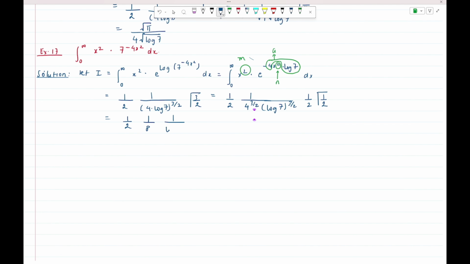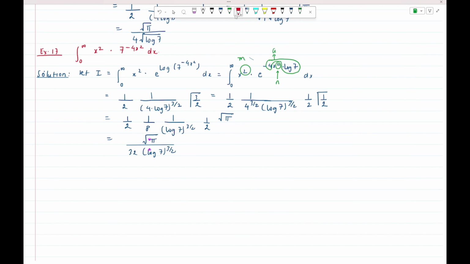And here we are going to have 1 upon log of 7 raised to 3 by 2 into half, and gamma of half is root of pi. So we have 2 8s are 16, 2 2s is 32. So we'll be having 32 log of 7 raised to 3 by 2, and the numerator is going to be square root of pi. So that's the value of example number 17.